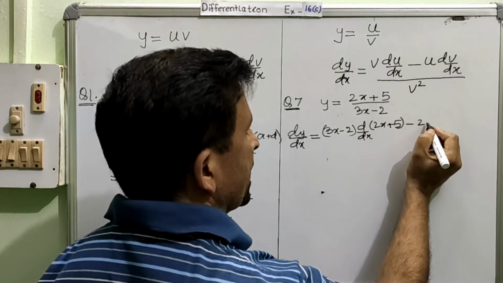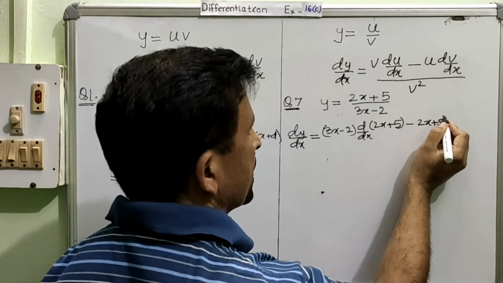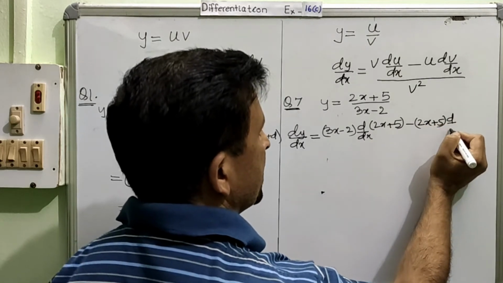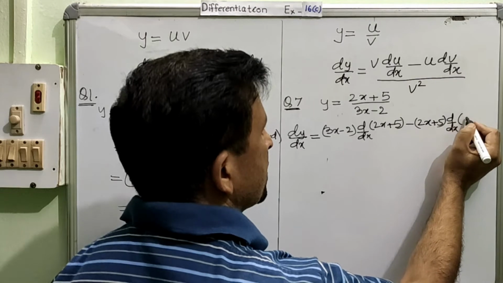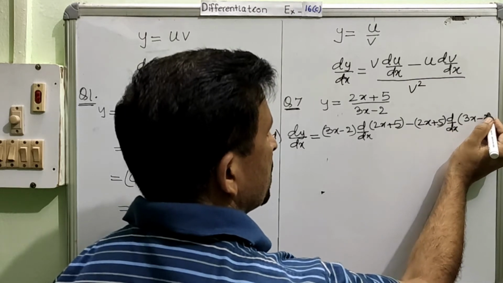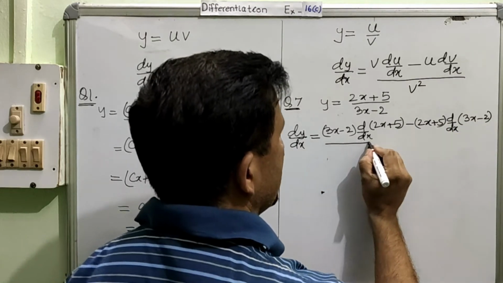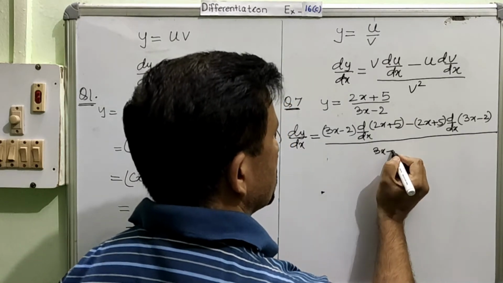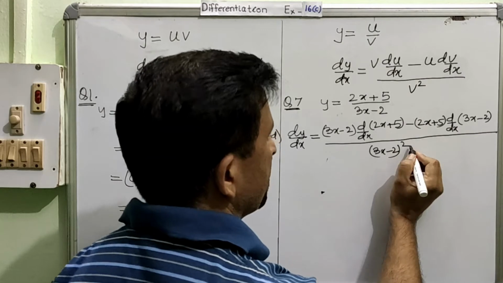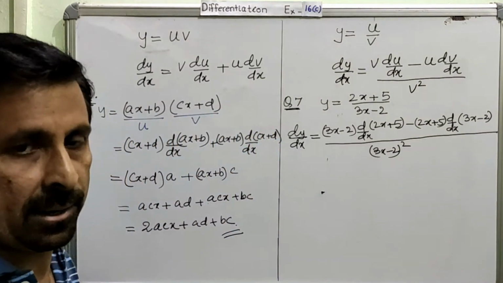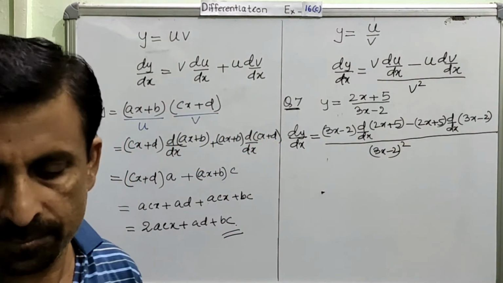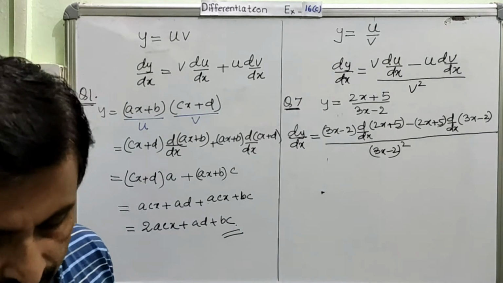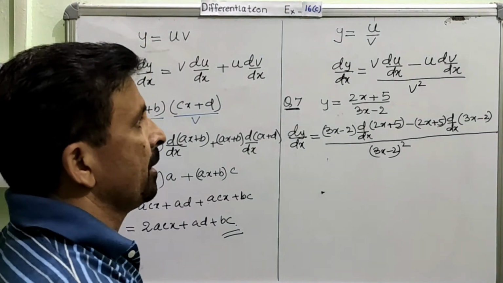Now the numerator will be kept as it is, 2x plus 5, and then we will calculate the derivative of the denominator, that is 3x minus 2, divided by (3x minus 2) whole square. Am I very clear or not? Just keep watching. If you have doubt, you can ask me.